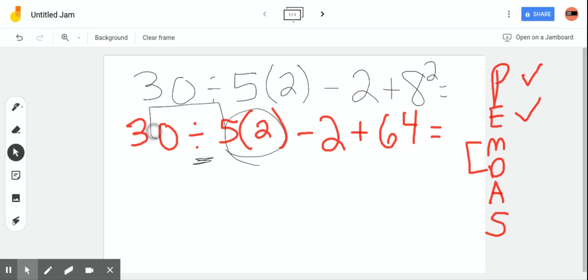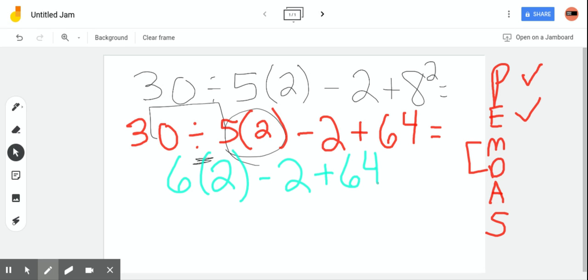We have to divide 30 and 5. So 30 divided by 5 is going to give us 6. The parentheses, aka the multiplying 2, is still there. Minus 2 plus 64.